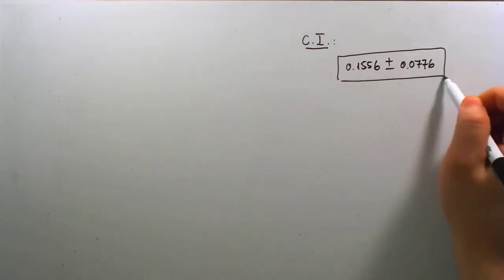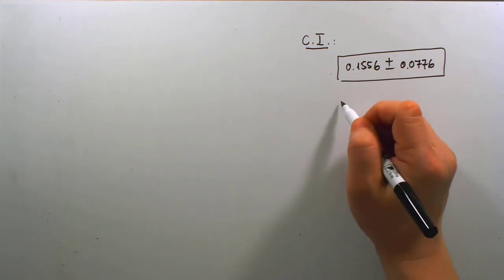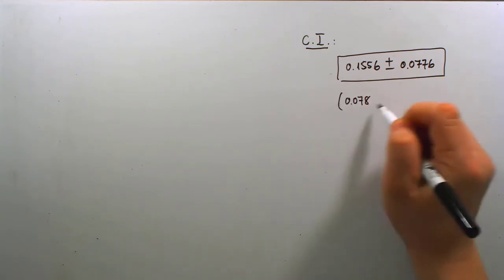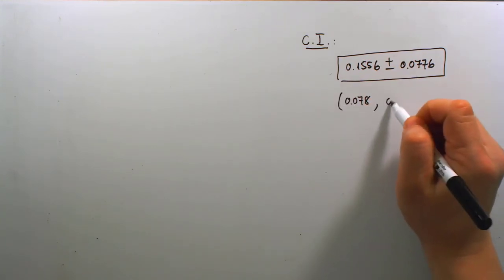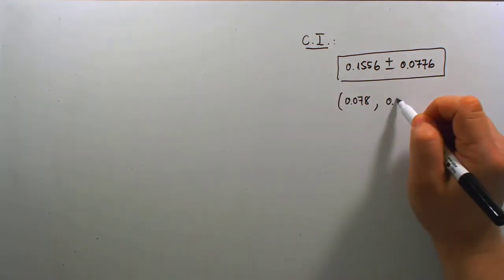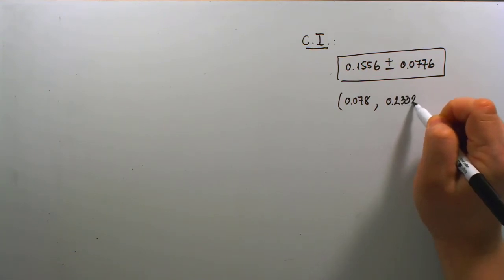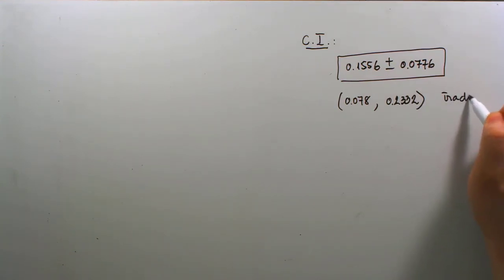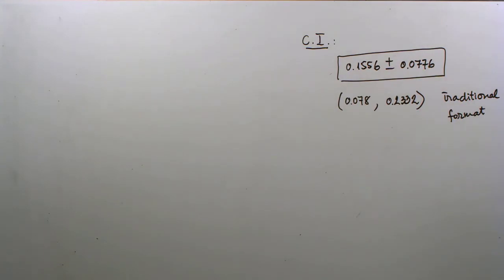Or in traditional format, we have found 0.078 as the low and 0.2332 is the high in traditional format, because it shows low and high.